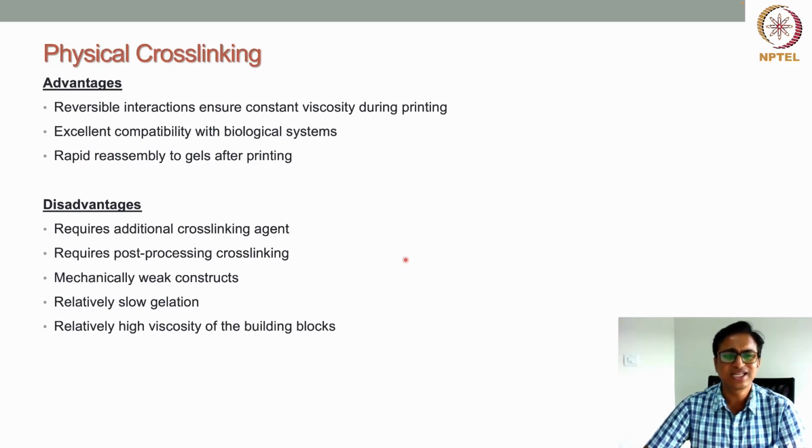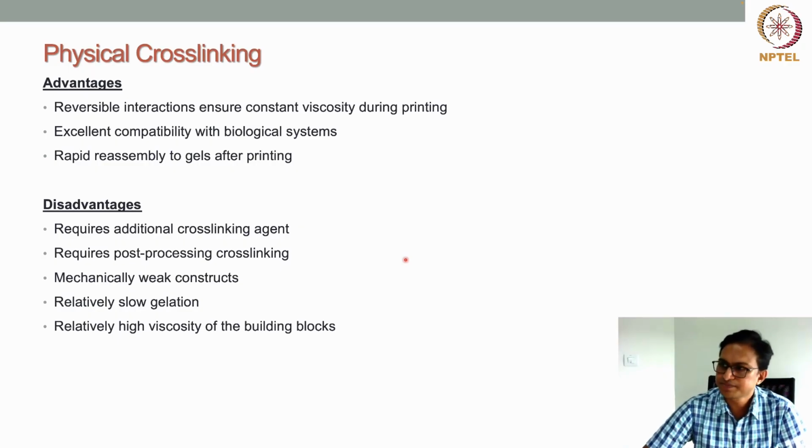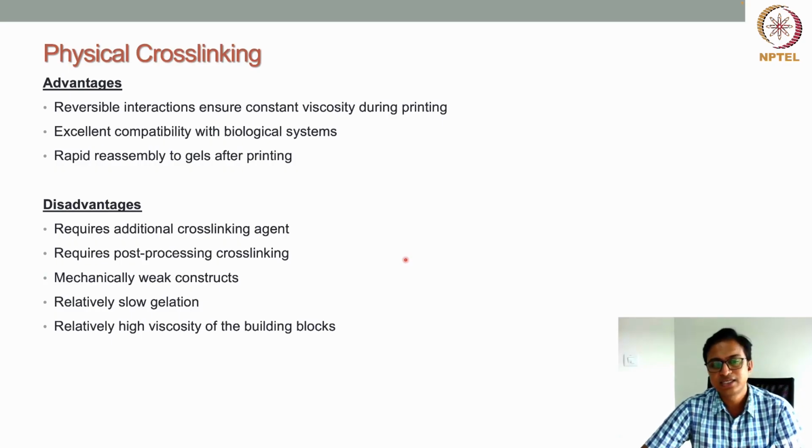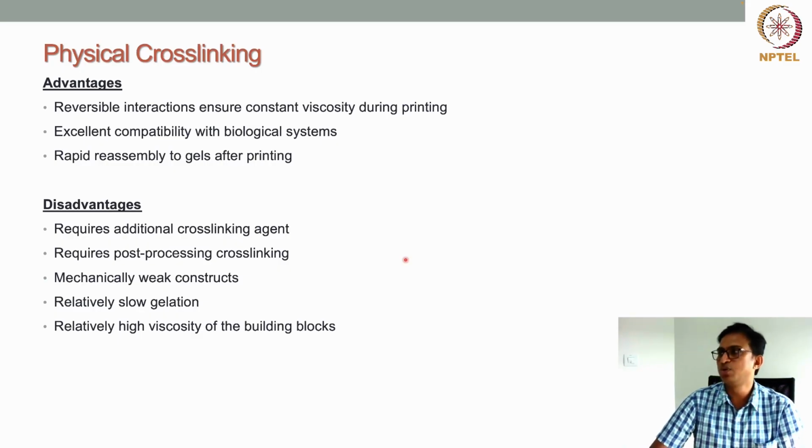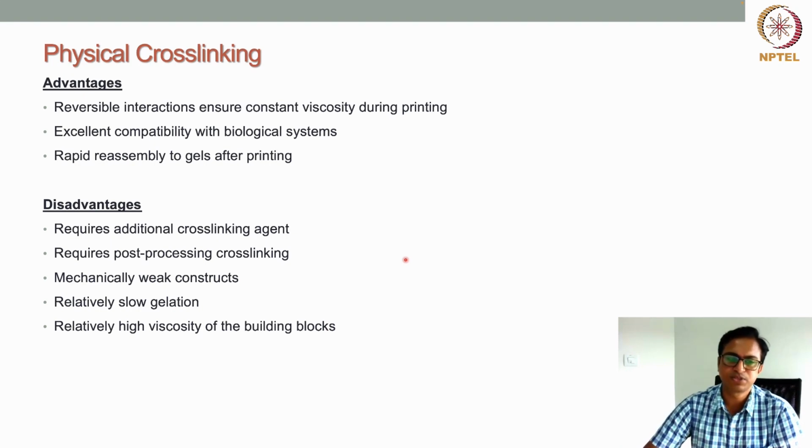Other than this, in certain cases there can be relatively slow gelation, mostly if it is not based on ionic interaction but on other mechanisms. The gelation process can be relatively slow, so that is another disadvantage of this process.